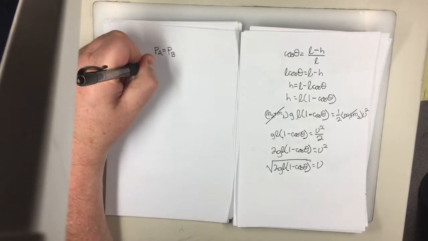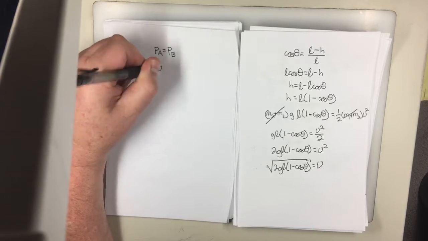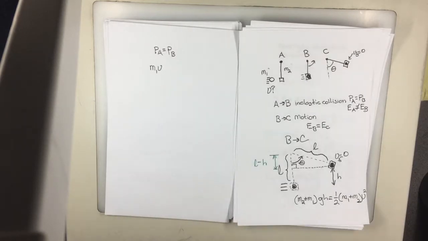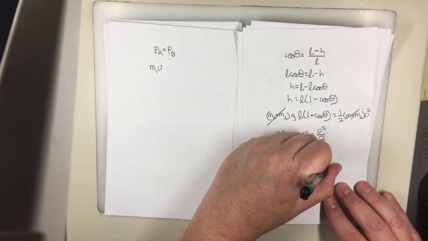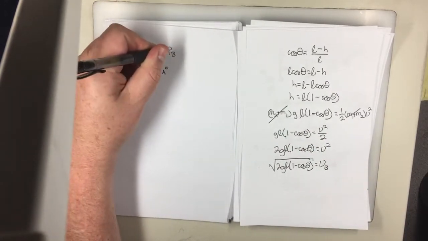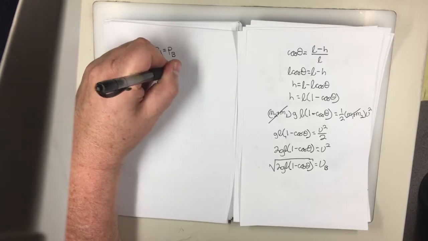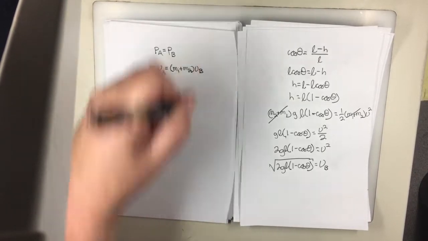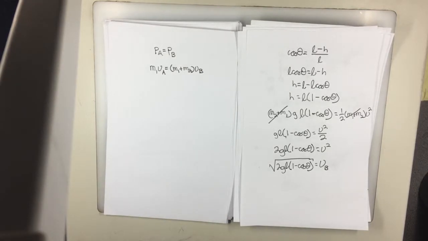Momentum A, the only object that's moving, and let me label, I'm going to say this V is V sub B, and that V is V sub A. The momentum at B is (M1 plus M2) VB. I'm looking for VA. I'm looking for the velocity of the ball that the thing fires. This is what you have to do in lab.